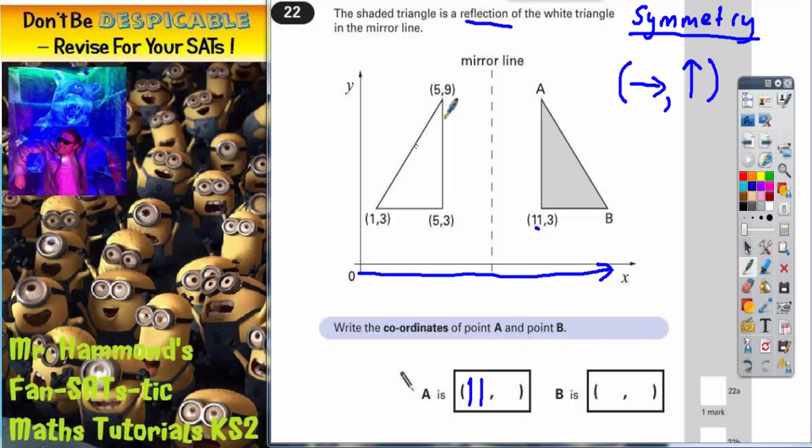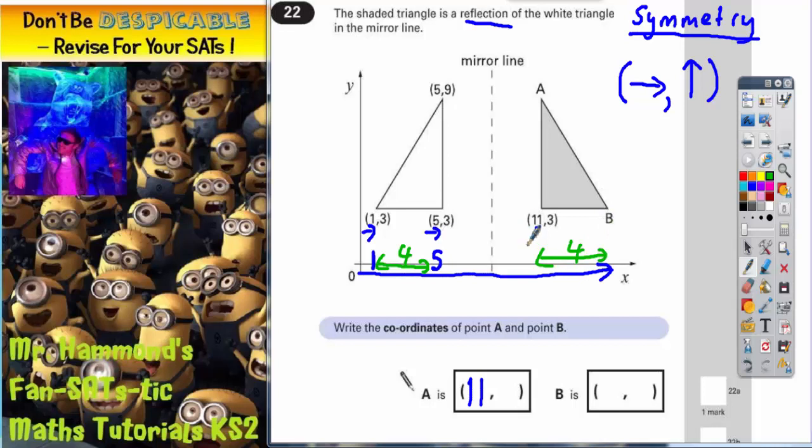Well, if we look at this triangle here, the white one, this bottom corner is 1 along, and this bottom corner is 5 along, and that is a gap of 4. So from 1 to 5 is a gap of 4. Now remember that this triangle is symmetrical. So this triangle is also going to have a gap of 4. The distance across the bottom of the triangle must also be 4.